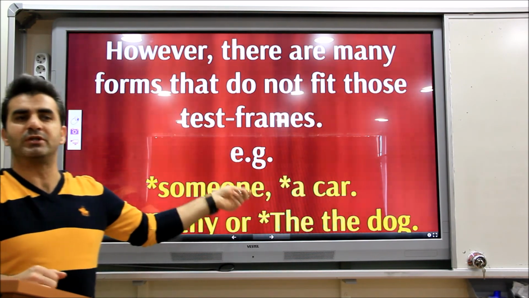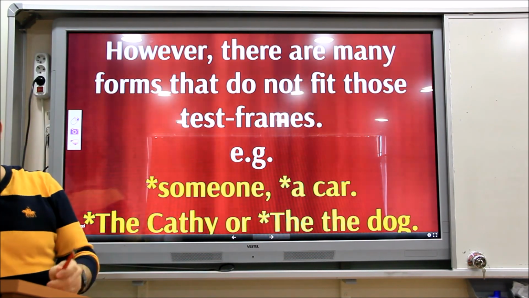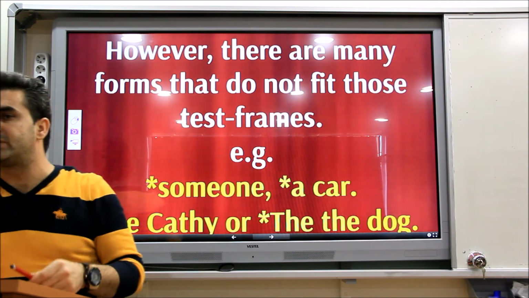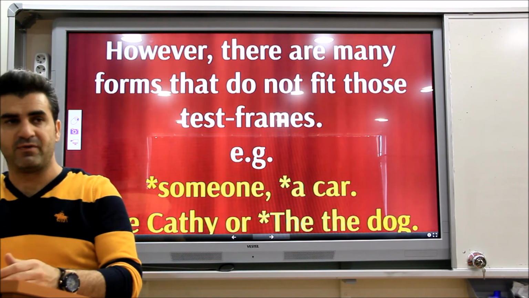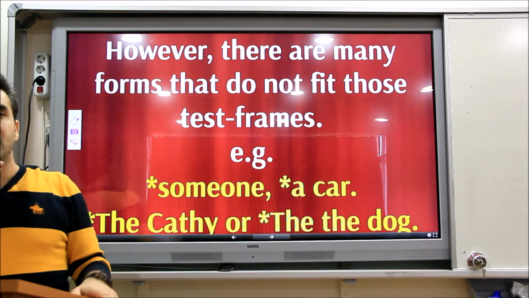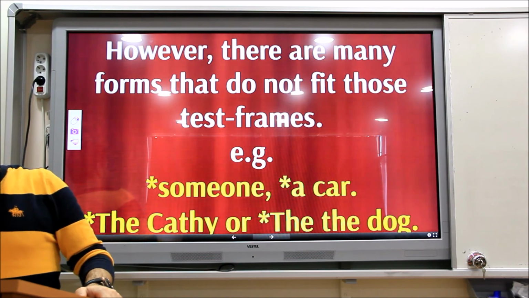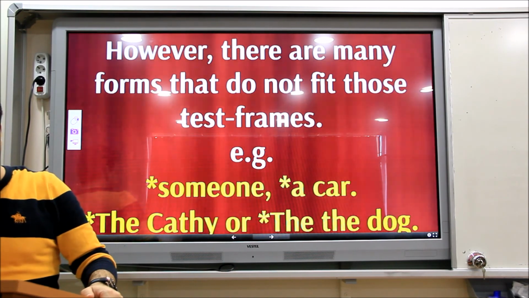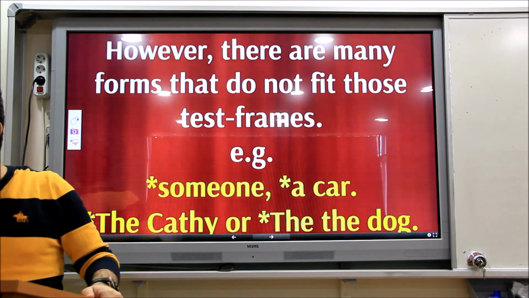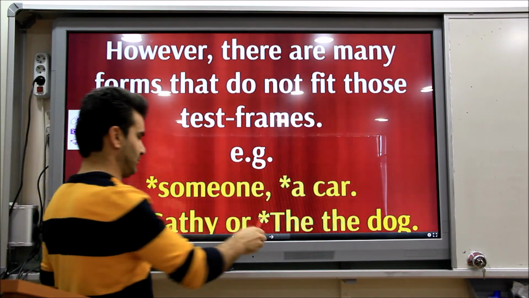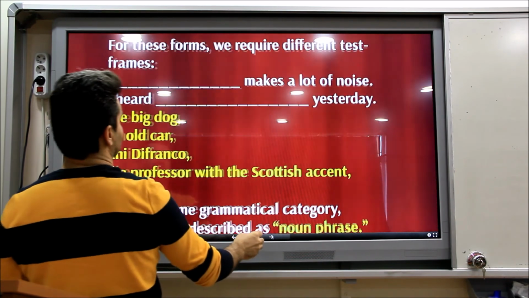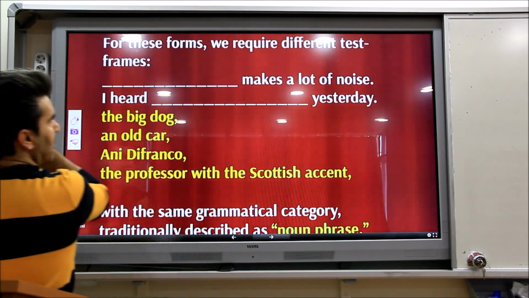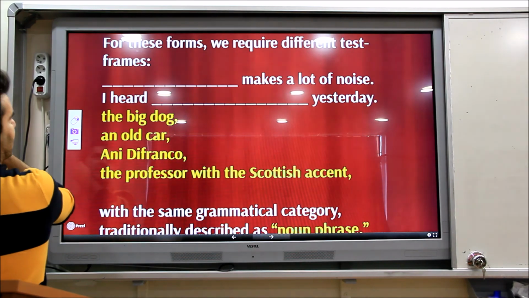You cannot put them in those empty slots. If these forms don't fit into those empty slots, that means they cannot belong to the same category. For these forms, we require different test frames.